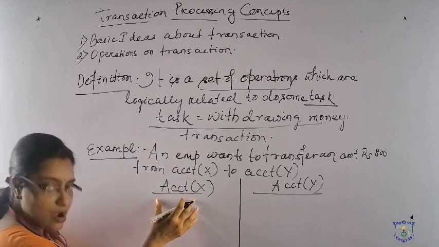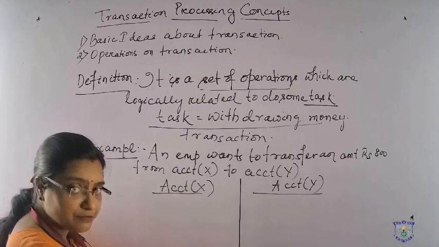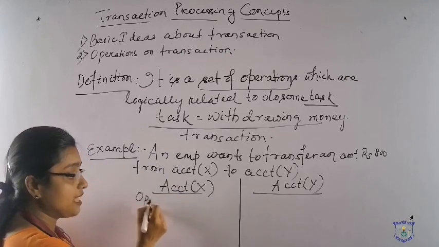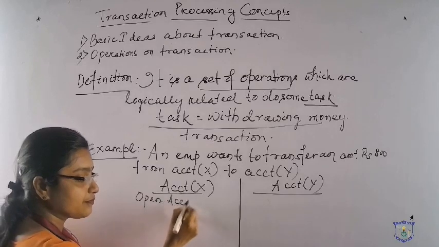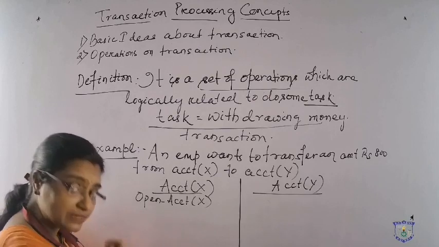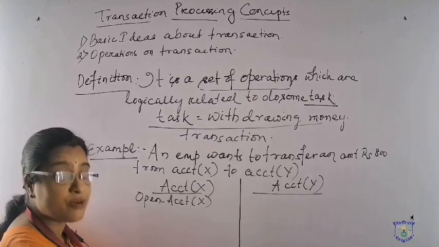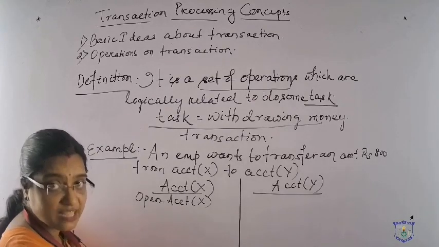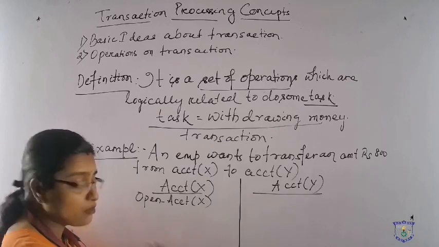With respect to account X, first of all, what do we have to do? We have to open the account of X. Once we open the account of X, what will we read? We will read the amount which is already there in X account, that is the existing amount.